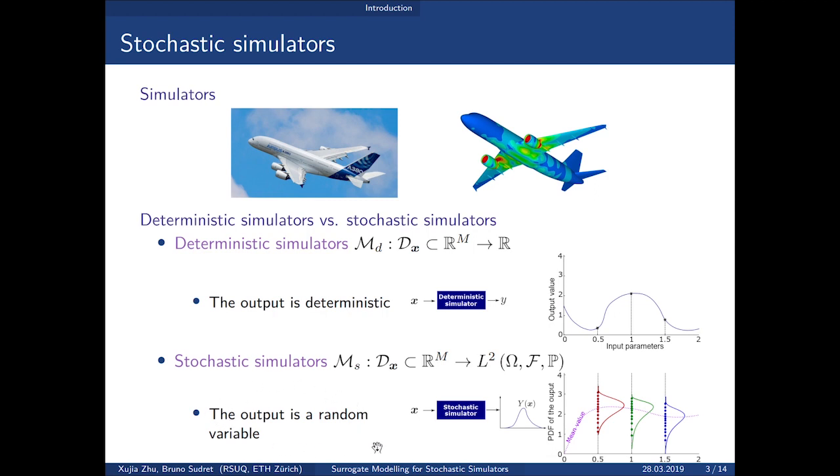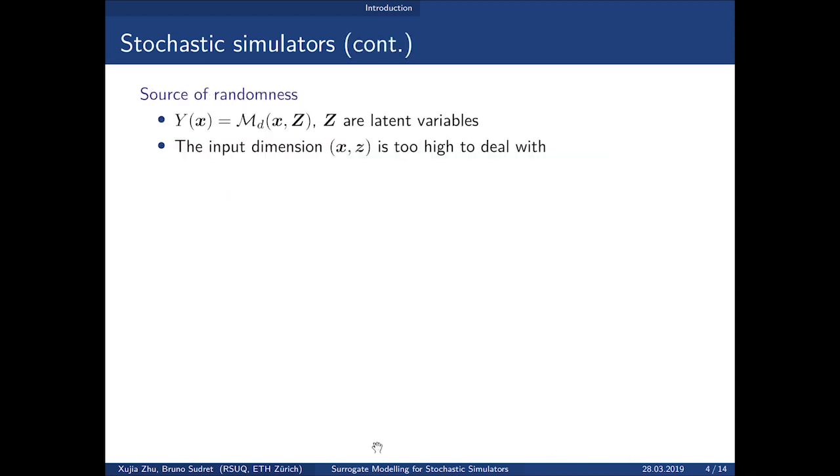The random nature sounds a bit weird. Where does the randomness come from? On the one hand, a stochastic simulator can be considered as a deterministic function, but we cannot fully access all the input parameters. When fixing a part of the input parameters, x, and let the others, z, vary in their range of definition, the output becomes random.